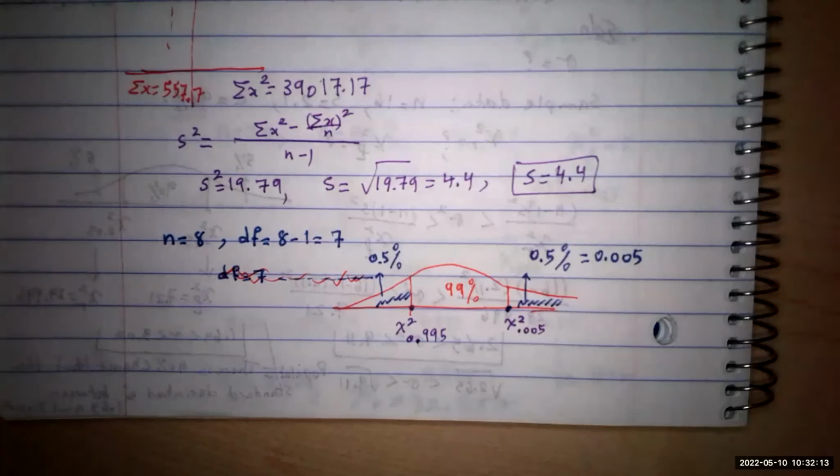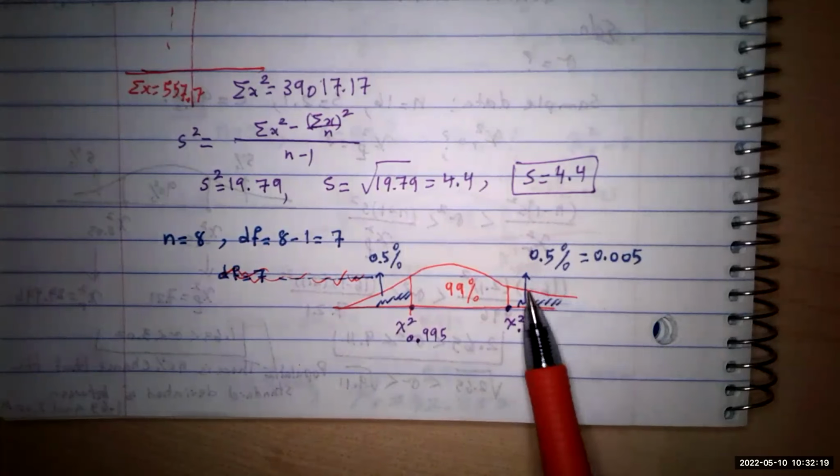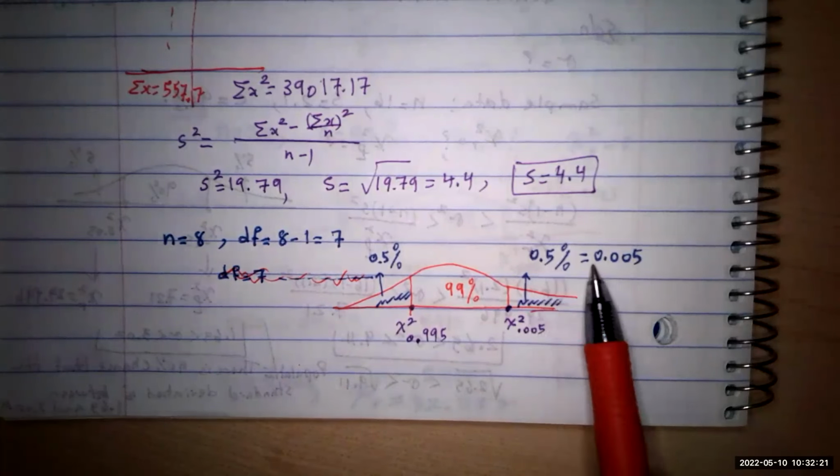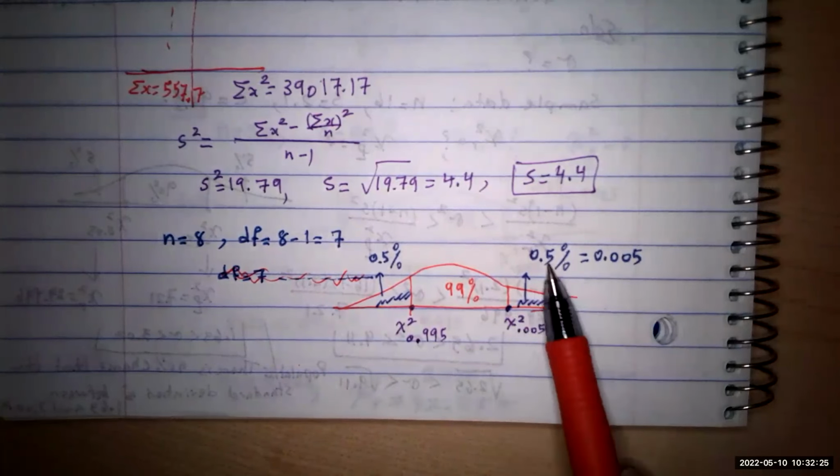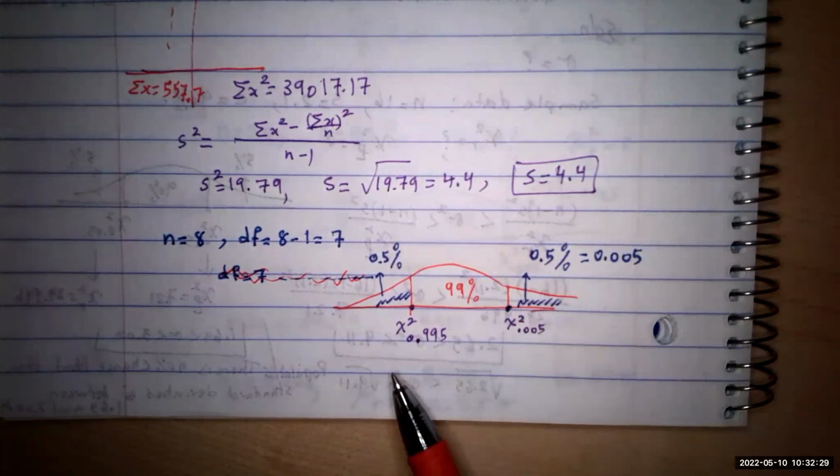You see, this is 0.5%, not 0.5. 0.5% is the same as 0.005. It's like dividing by 100, so you're moving the decimal point twice to the left. And this is going to be the same thing. If you have a 99%, it's going to be 99.5%. So we change it to that, okay?